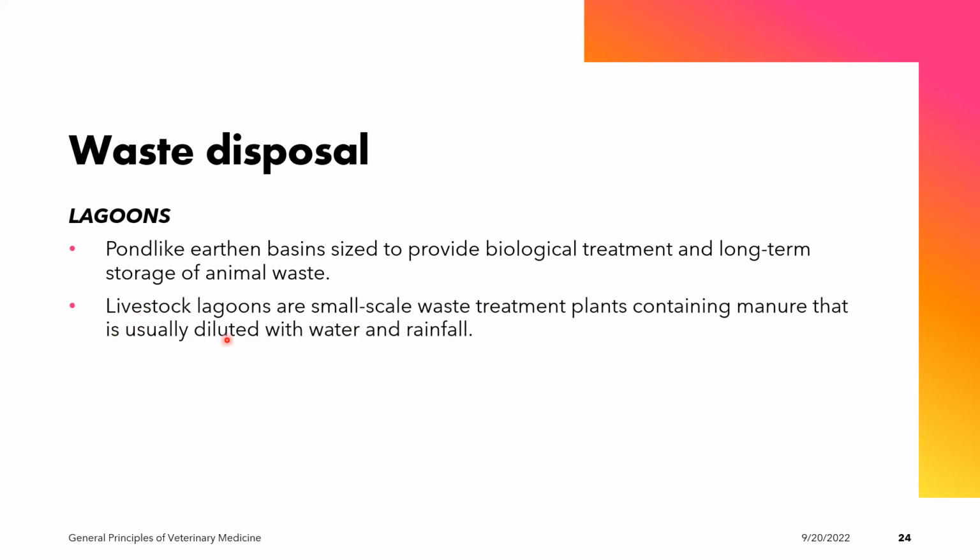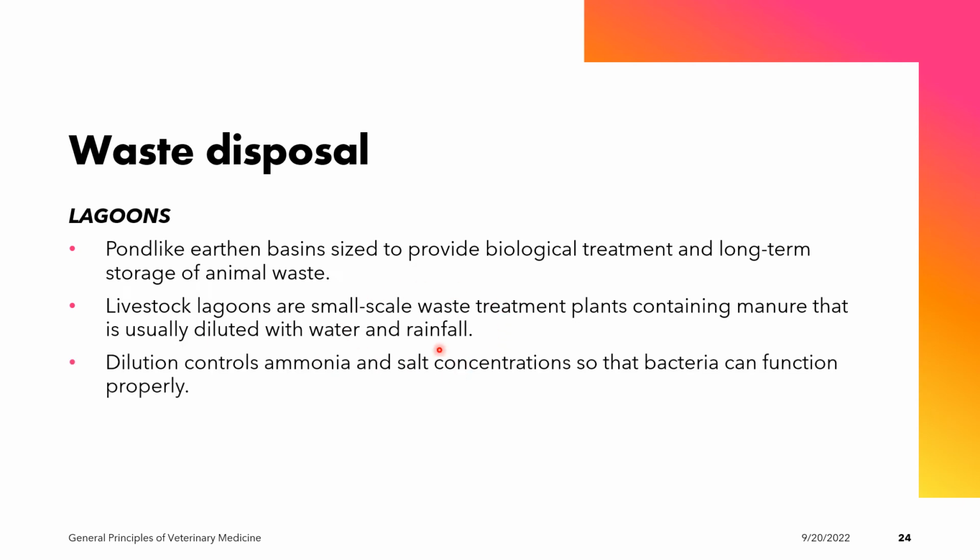The livestock lagoons are also small-scale waste treatment plants containing manure that is usually diluted with water and rainfall. Because this is an open pit, the rainfall can dilute the manure present in the lagoon. Dilution controls the ammonia and salt concentrations present in the lagoon so that bacteria can function properly.